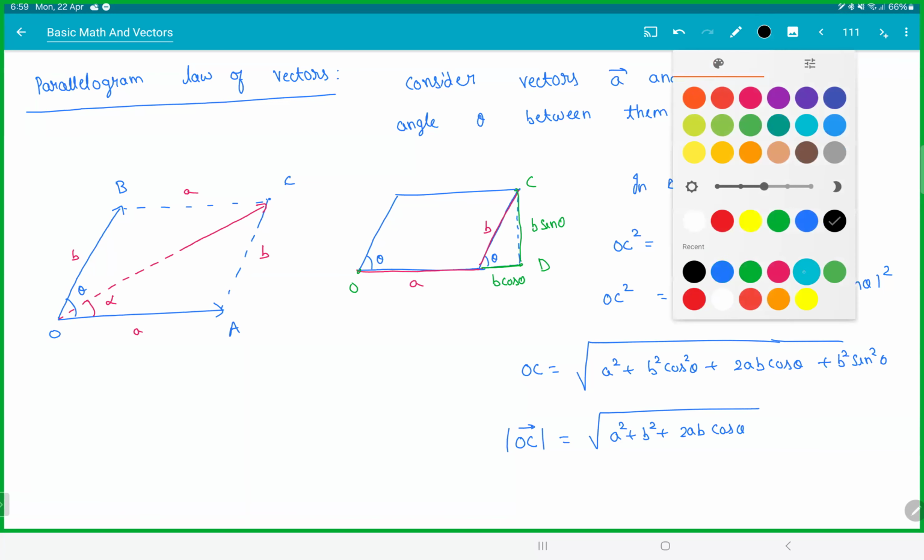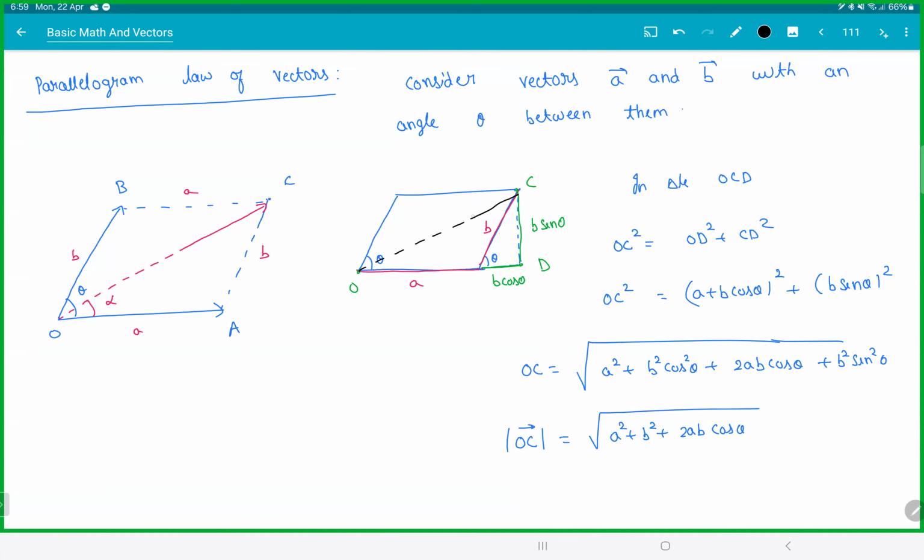And what about this angle here? Tan alpha is nothing but opposite side CD by adjacent side OD. So we get tan alpha equals B sin theta by A plus B cos theta. So alpha is the angle between the resultant and A bar.